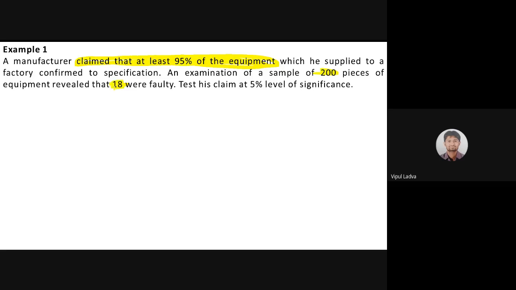If I remove 18 from 200, it will be 182. 182 are non-defective out of 200, and we need to check whether this particular claim is correct or not. And we are supposed to test this at 5% level of significance. So this is what the question is.